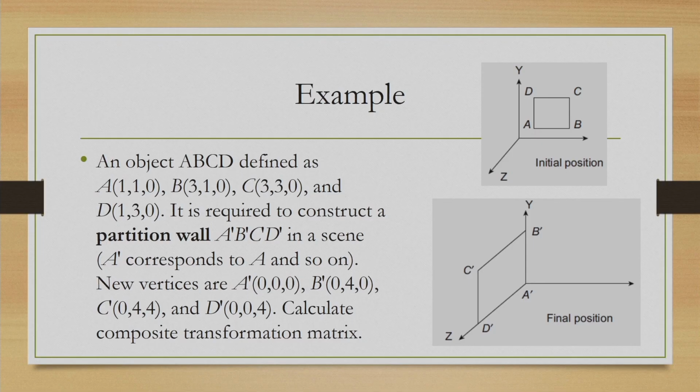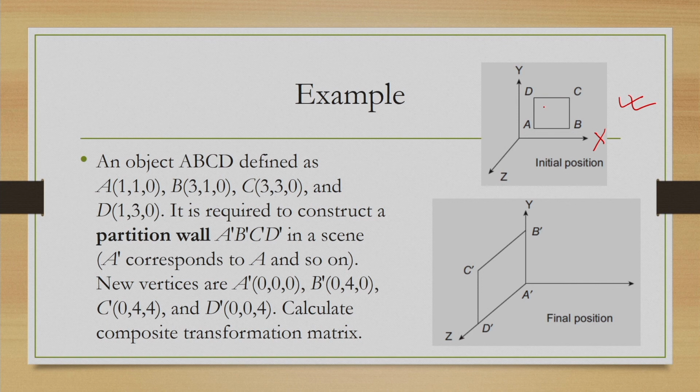Now, let us try to understand the 3D transformation with respect to one illustrative example. Let us consider a situation. There is an object defined with the vertices A, B, C, D here in this figure, the top figure. As you can see, it is on the xy plane. This is the initial situation.